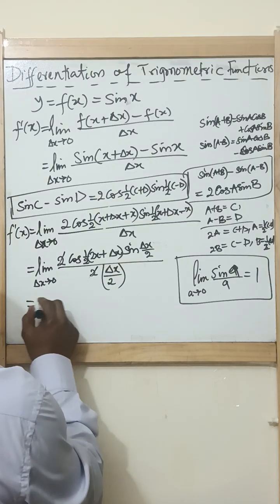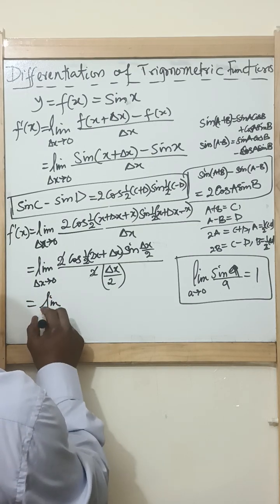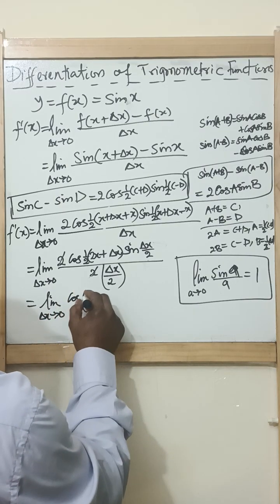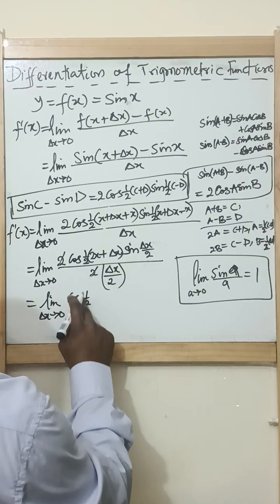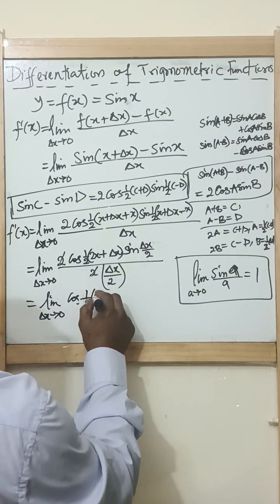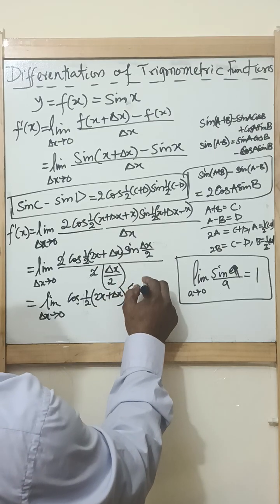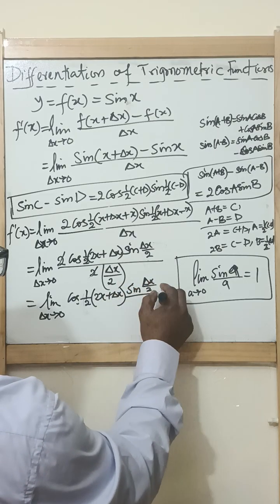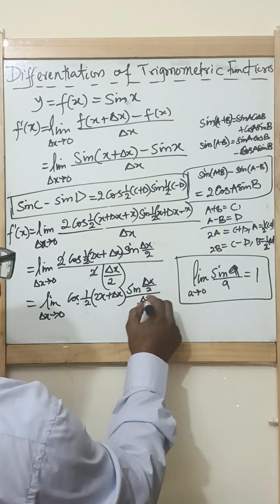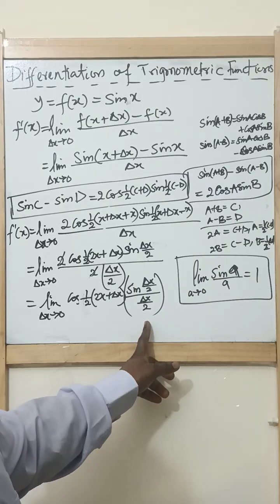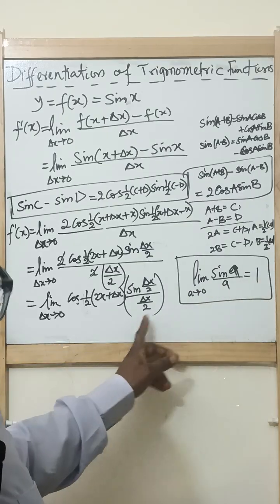So this is now the limit as delta x tends to 0 of 1 over 2, times 2x plus delta x, times sine of delta x over 2 all over delta x over 2. This particular expression here is equal to 1.